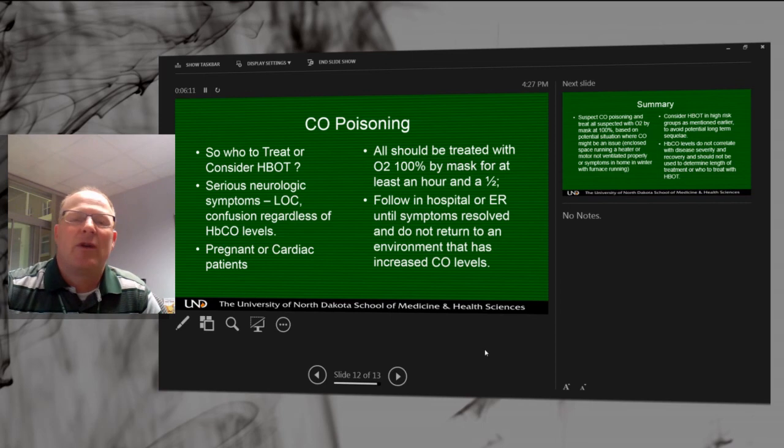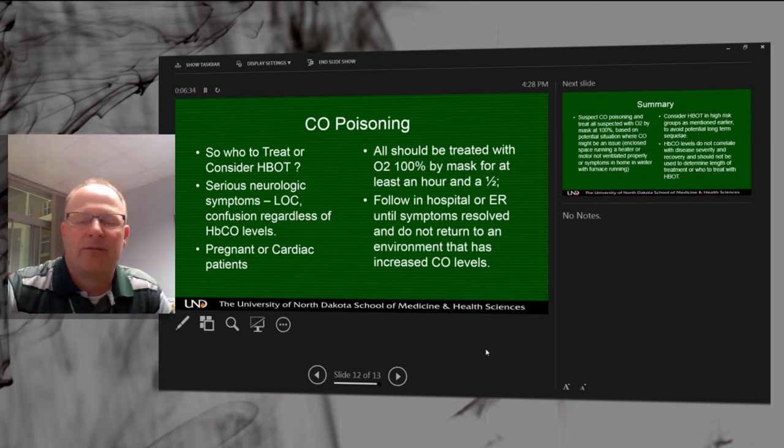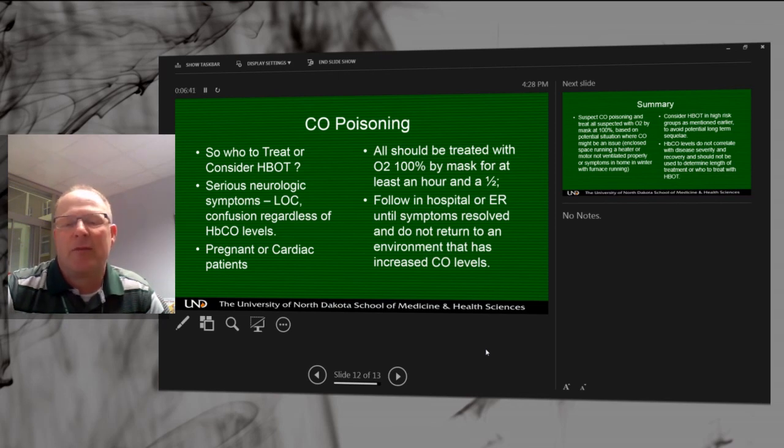And all patients who have carbon monoxide poisoning should be treated with 100% oxygen by mask, and this treatment should last for at least an hour to an hour and a half. After about 90 minutes, most patients will return to baseline in terms of carboxyhemoglobin and oxygen levels. They should be followed in the hospital or ER until their symptoms have also completely resolved, and they should not be returned to any environment that has increased carbon monoxide levels.